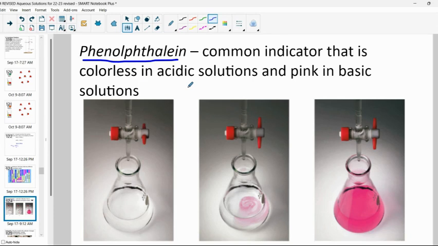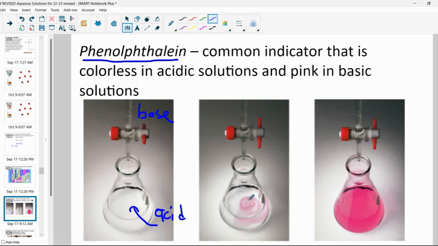So when we're doing a titration, you're going to have an acid. We'll put the acid in your solution with the indicator, the phenolphthalein, and we'll have a base that we're adding to it. As the base gets dropped in, it gets neutralized by the acid.